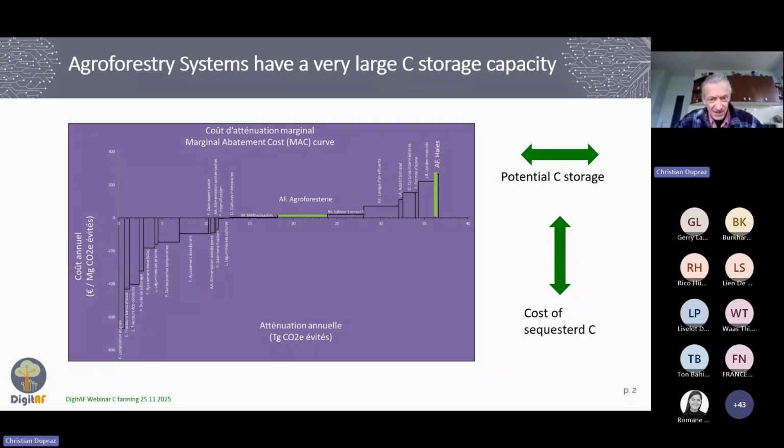You can see that within parcel agroforestry has a huge storage capacity, and hedges have a narrower capacity of storing carbon. But agroforestry has a low cost for that, while hedges are more costly. Indeed, those are very important things for carbon in agriculture, and we need to know exactly how much they do.